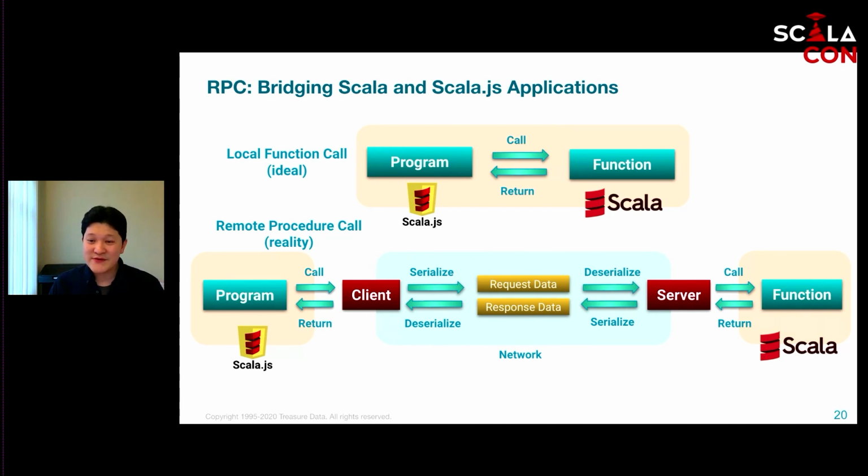But in reality, we need to make a remote procedure call, RPC, which will translate your Scala object into some binary format so that we can send the object data through the network. Then at the server side, you need to deserialize so that you can get the original Scala object. Then you run the function call, and the return response also needs to be serialized again so that you can send it to the client through the network.